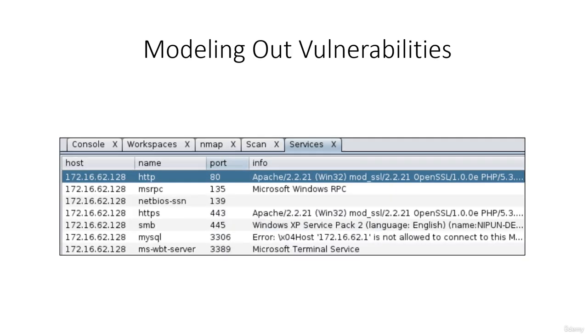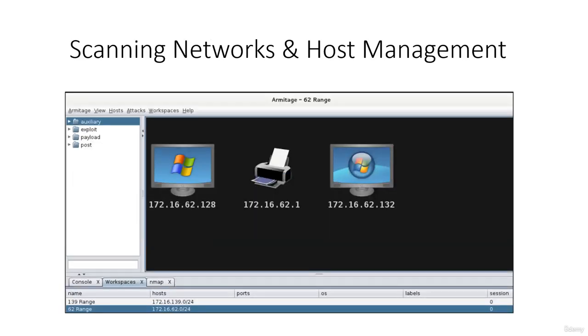You don't need to do any coding. It's just a simple graphical interface so that you can model out the vulnerabilities, match all of those, take the analysis, and then exploit with Armitage after that. So that's all about scanning with Armitage.